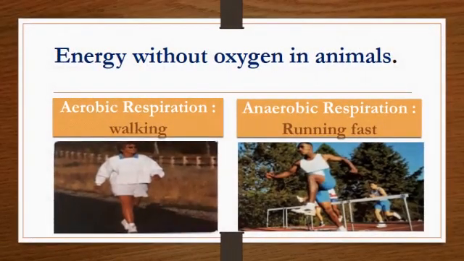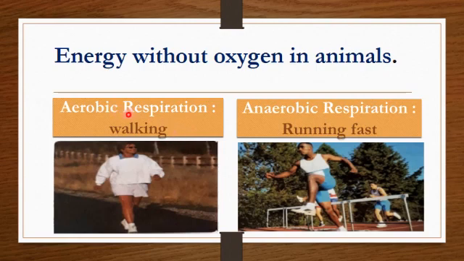So you can see that there are certain examples of aerobic and anaerobic respiration in animals. Walking is an aerobic exercise in which the body gets enough oxygen for aerobic respiration, and energy is produced that supplies the need during walking.